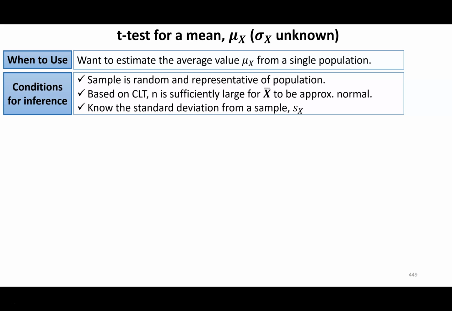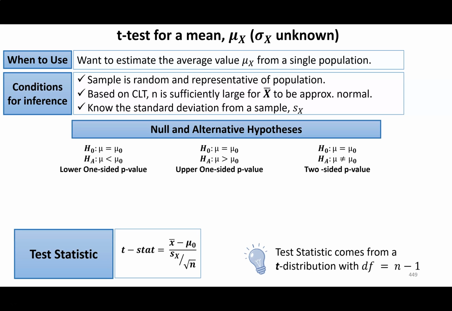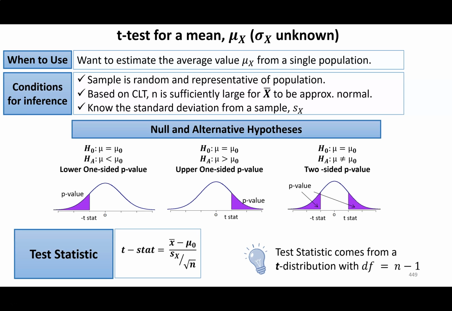Okay, so now looking at our hypothesis tests. When we want to do this, it's when we have a single population and we want to test the average value or the mean value for that population. So the conditions are going to be the same as they were for the confidence interval. When we don't know sigma, we have to have sample information so we can have a sample standard deviation.